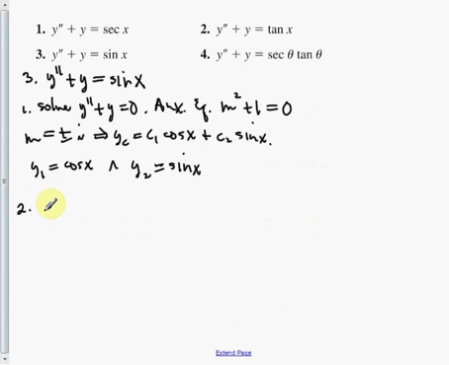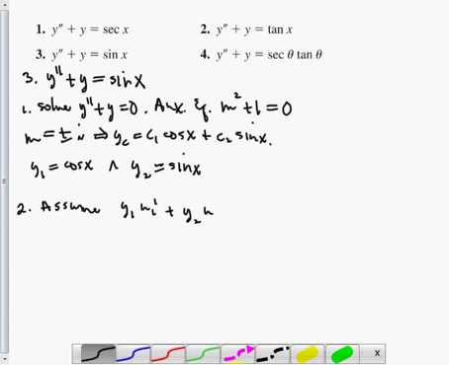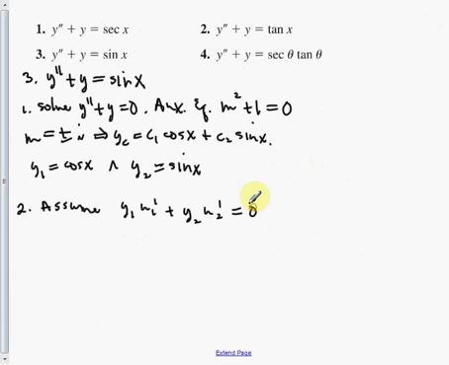Step number 2, assume. Here, the formula says to assume that y sub 1 times u sub 1 prime plus y sub 2 times u sub 2 prime is equal to 0, and assume that y sub 1 prime, its derivative, times u sub 1 prime plus y sub 2 prime times u sub 2 prime is equal to f of x.